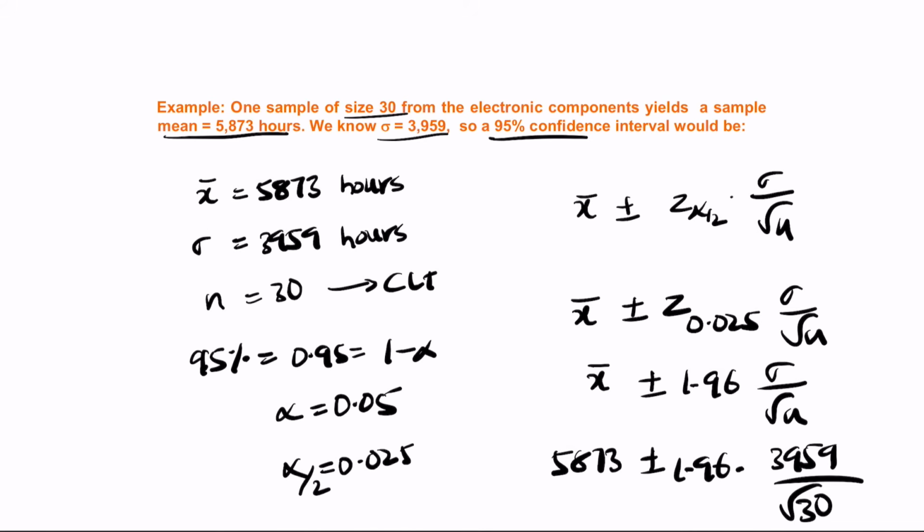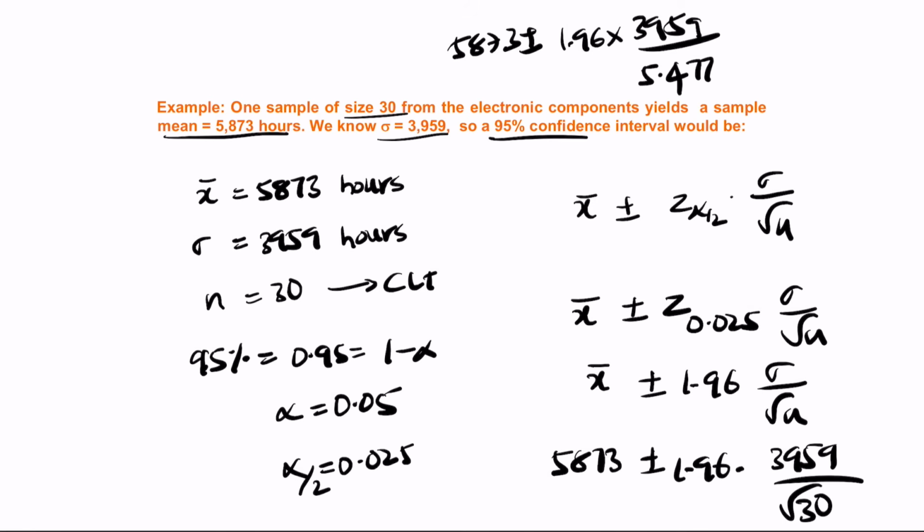So calculate the value. You have 1.96 times 3959 divided by root 30. So let's take root 30 first. So you have 5873 plus or minus 1.96 into 3959 divided by root 30 value, which is 5.477.